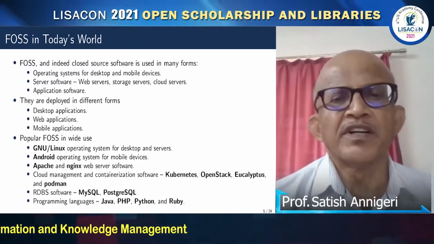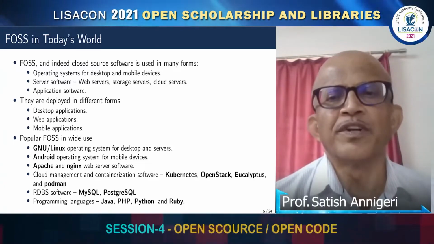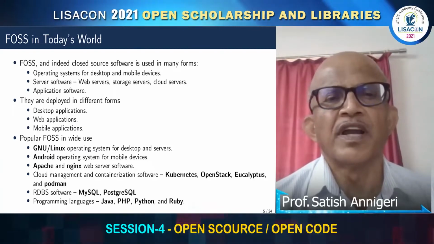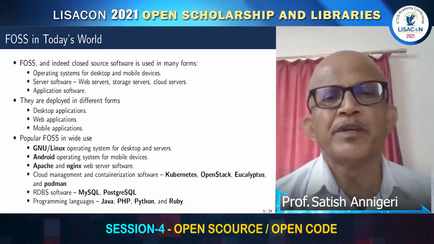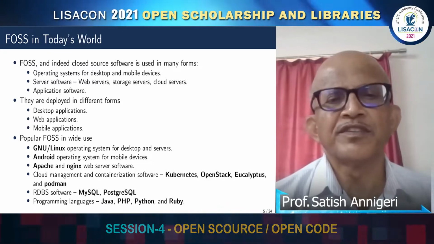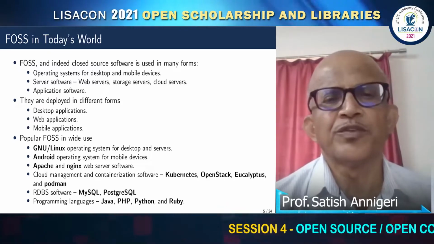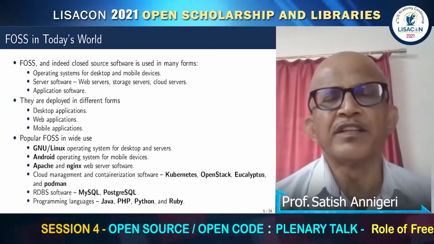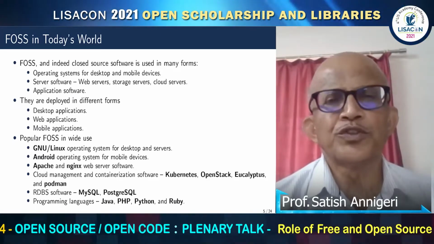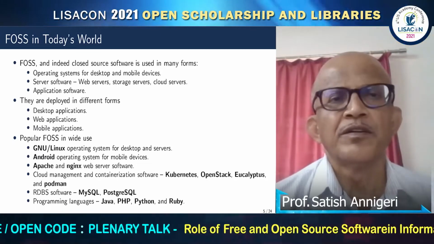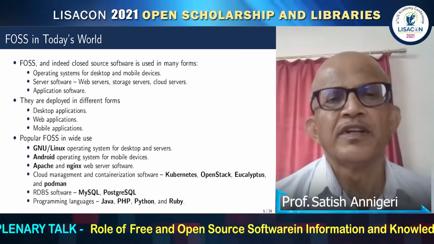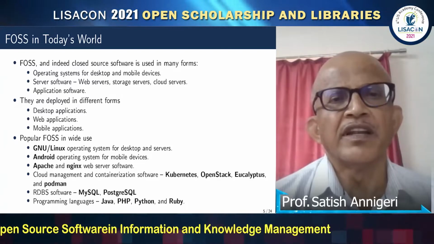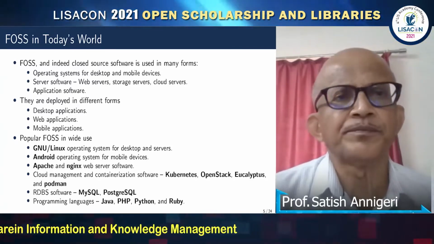Cloud management and containerization software such as Kubernetes, OpenStack, Eucalyptus, and Podman, RDBMS, relational database management systems like MySQL, PostgreSQL, programming languages such as Java, PHP, Python, and Ruby. All this goes to show that free and open source software, even today, drives the internet and information technology world.